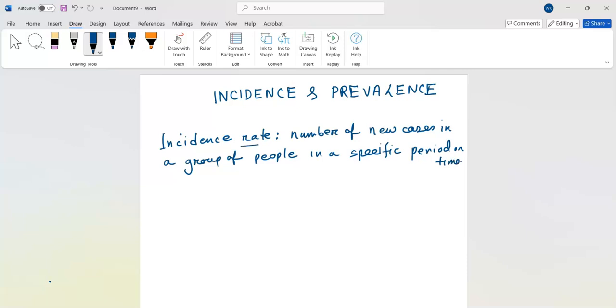Incidence rate is a rate, so it has a numerator and a denominator.